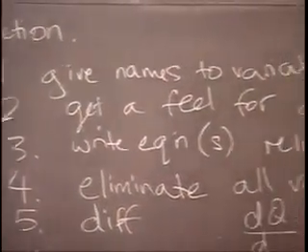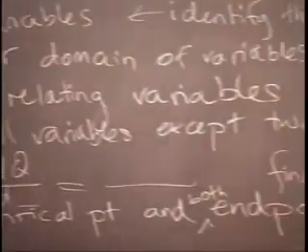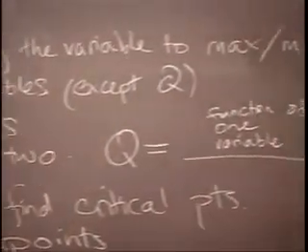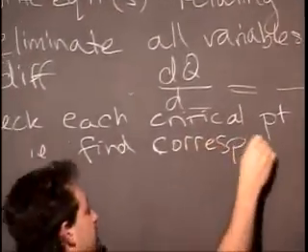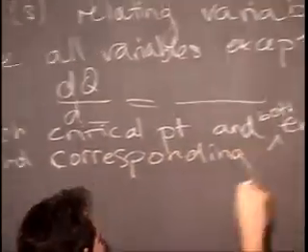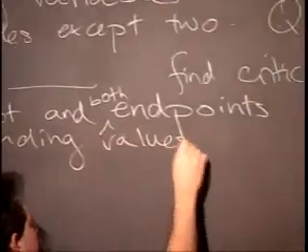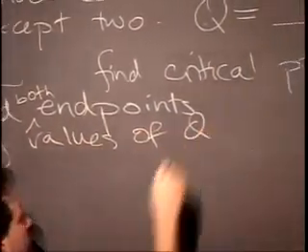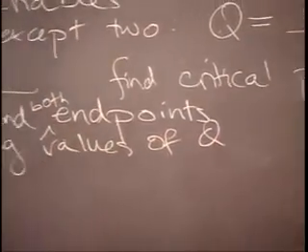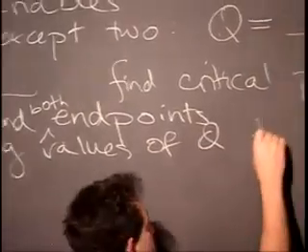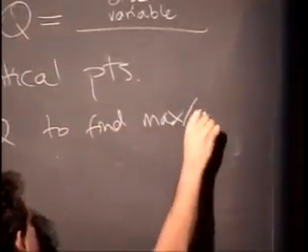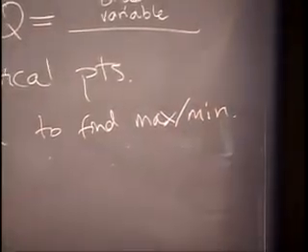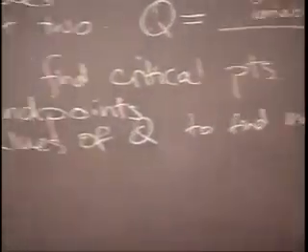So check each critical point and both endpoints, i.e. find the corresponding values of Q to find which one is biggest and which one is smallest. That's the same technique we used to find global maxima and minima earlier.